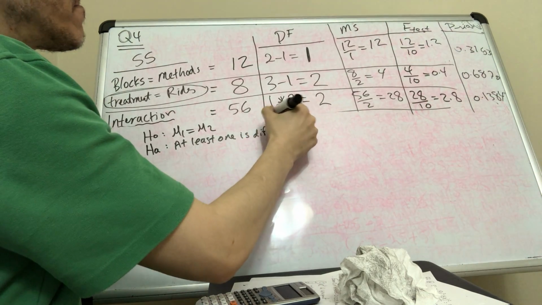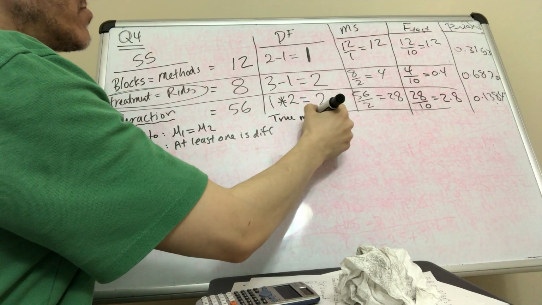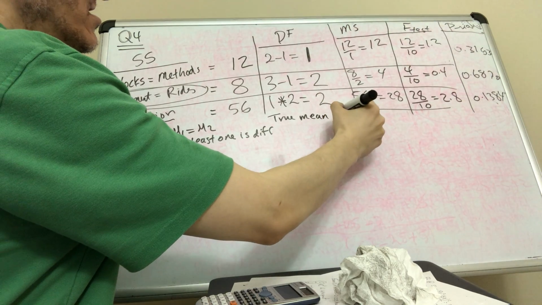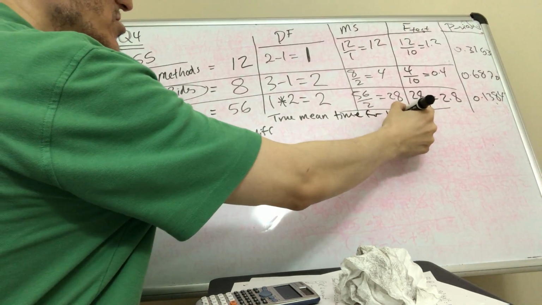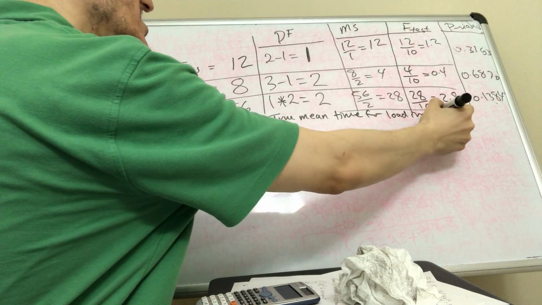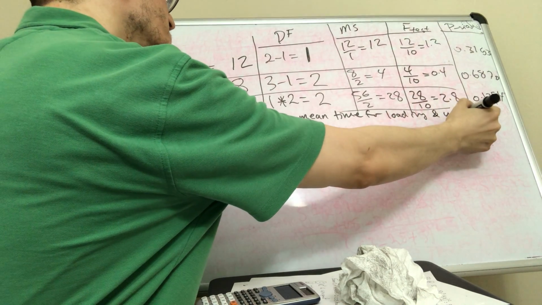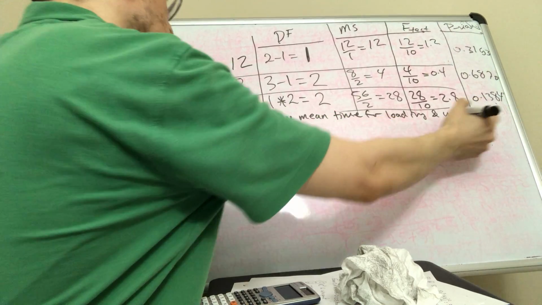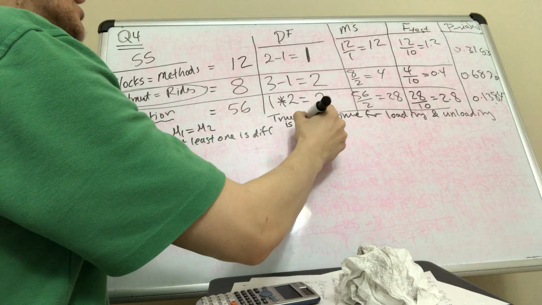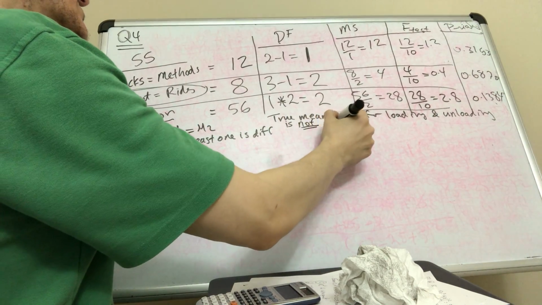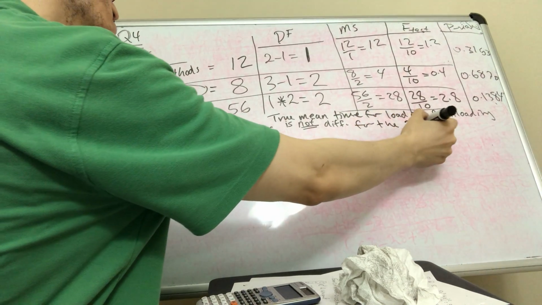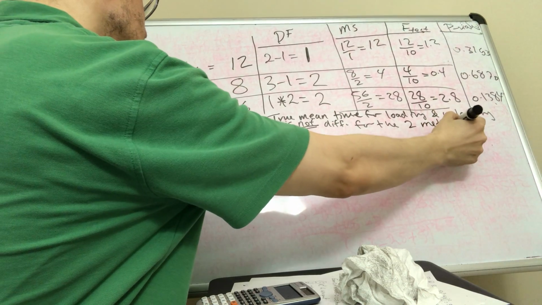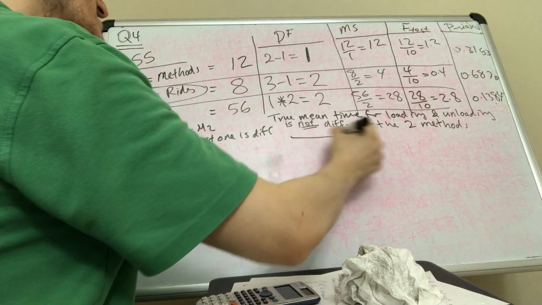In English, H0: the true mean time for loading and unloading is not different for the two methods, HA: is different.